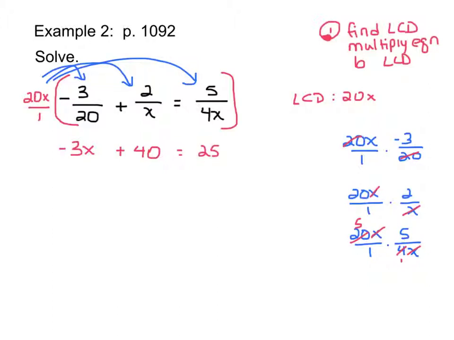Notice on all of these I canceled out my denominator, so I don't have fractions anymore. So on step 1, when you're finding the LCD and multiplying the equation by the LCD, you're clearing your fractions. And then step 2 is just going to be to solve for x.